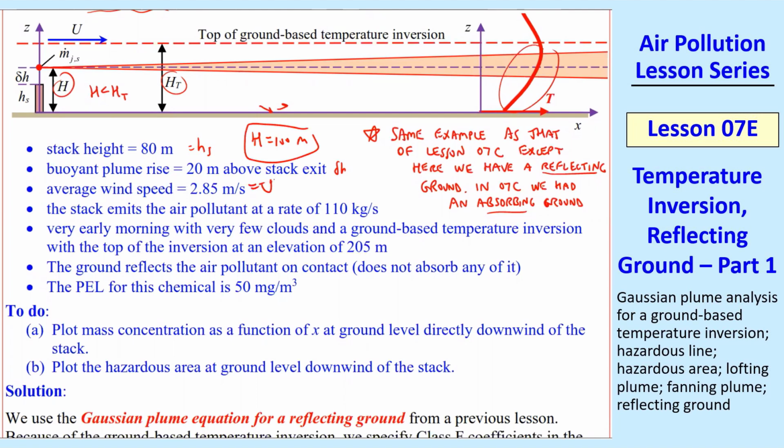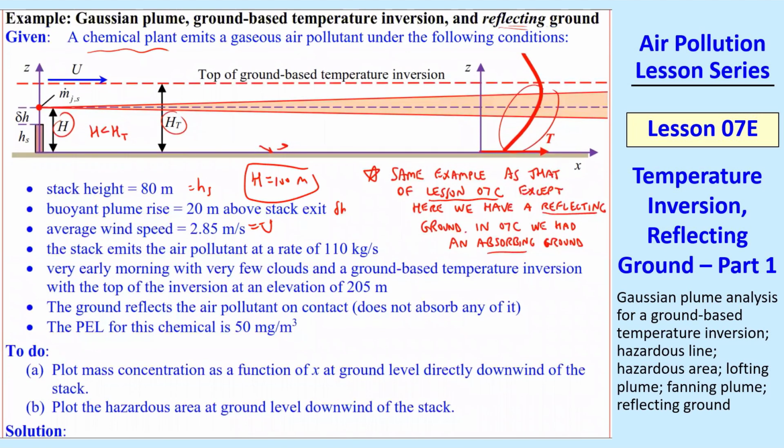This is our U, same as that lesson 7C example. Remember, I had to lower U because you don't really get these ground-based temperature inversions unless the speed of the wind is less than about 3 meters per second. So I set it at 2.85 here just as an example. We have the same m.js, and this one has the ground-based temperature inversion up to 205 meters, so we can verify that H is less than HT.